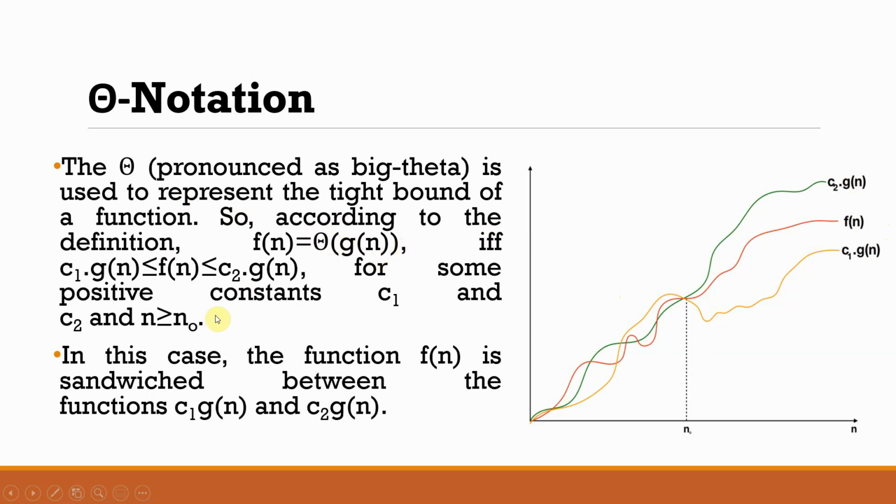So f of n is basically getting sandwiched between two instances of g of n. Okay, so that's the big theta notation.